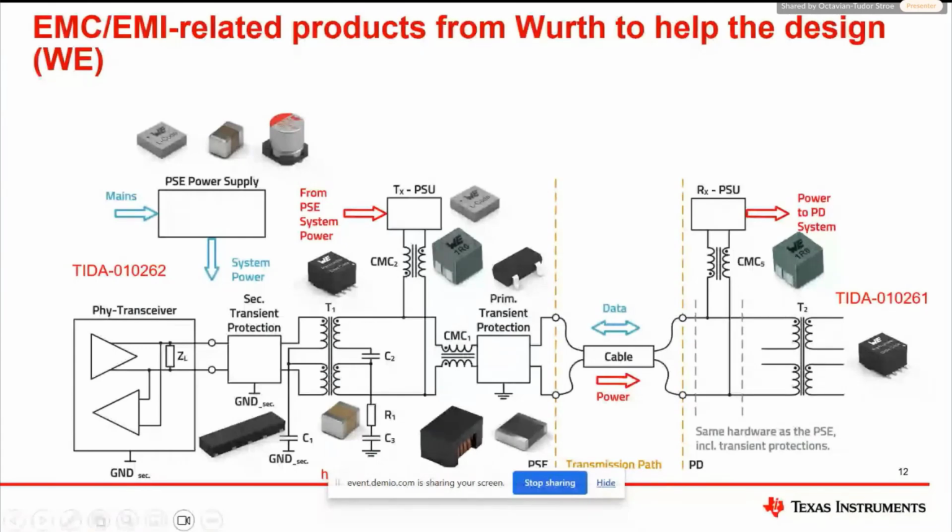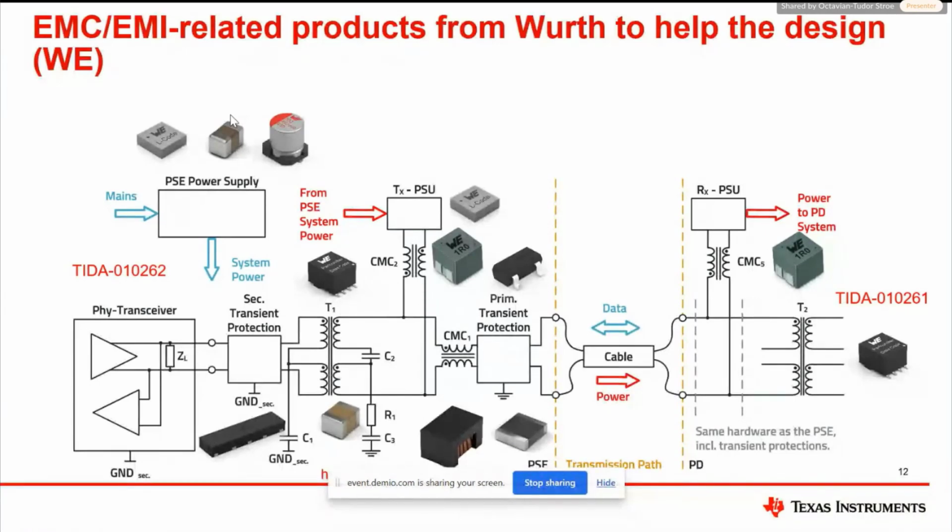We are also able to provide a wide variety of inductors here for both the power sourcing equipment and the powered device power supply sections, with a wide range of inductance and saturation current ranges, and various magnetic materials which are optimized for either low frequency or high frequency switching.